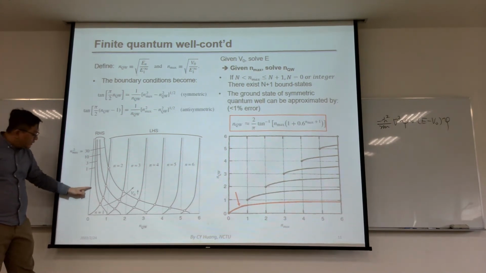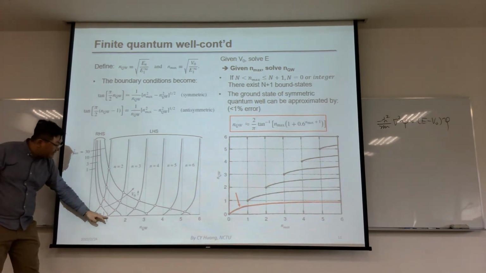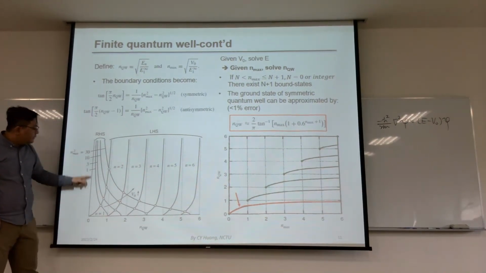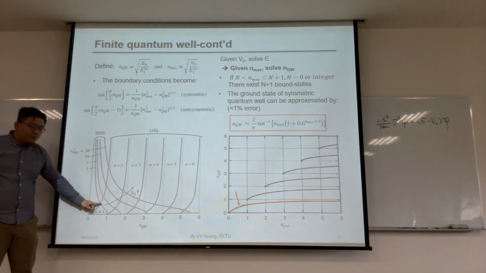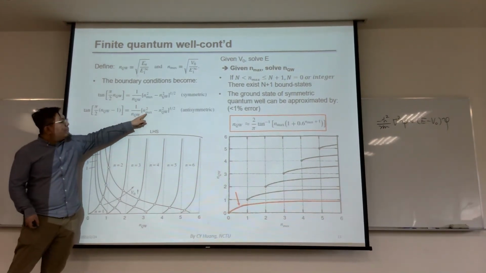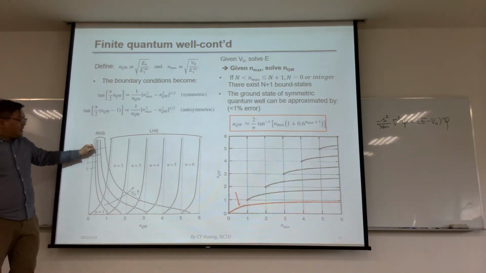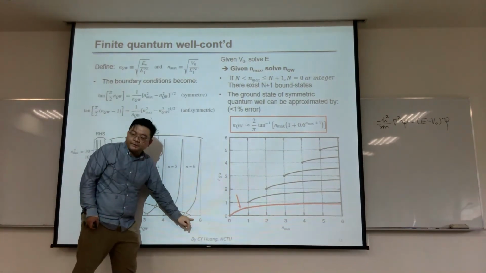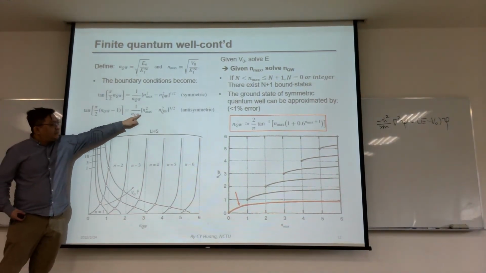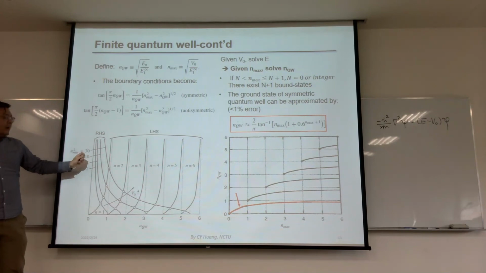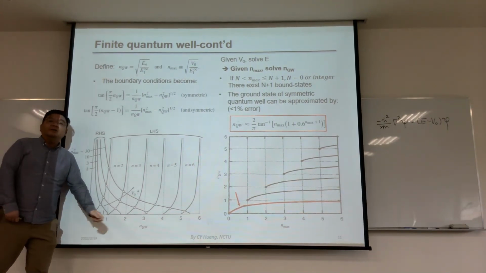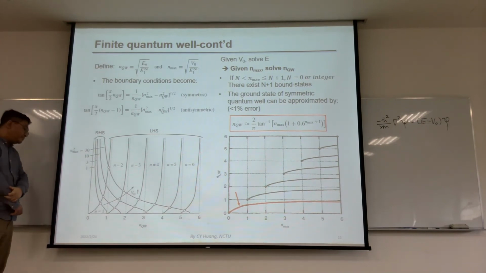Then gradually it goes to something near N max, because when N equals N max, it will go to 0. So there will be one solution. As the N max increases, you will start from here and go much further. So the N max will decide how many bound states there will be in the quantum world.